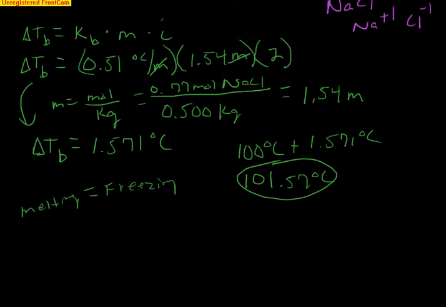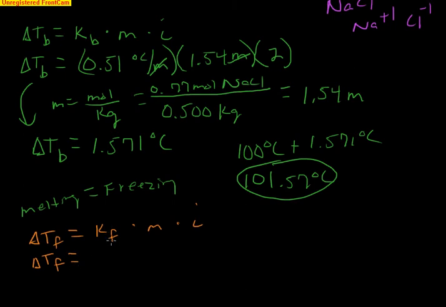So let's switch colors and we'll go ahead and put our formula for the freezing point depression down. So that's going to be delta TF is equal to Kf times molality times the Van't Hoff factor. So it looks just like the formula we had for boiling, except for, like we said, the subscripts, the F's and B's are a little different, but the formula is generally the same.